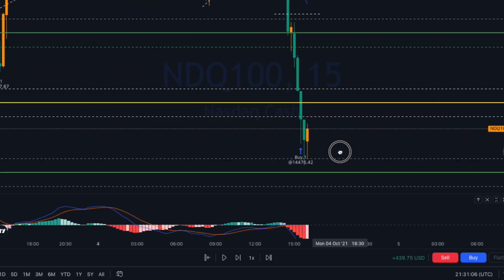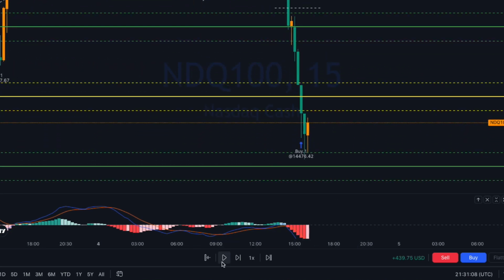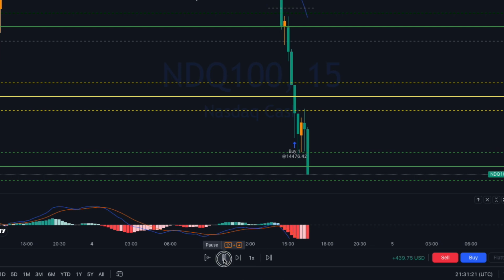Where is the movement? Okay, so it's up there. All right. Okay, so it's come down to this zone over here. So it just skimmed it, and now it's shooting back up. So let's just see. Let's just see what it does.